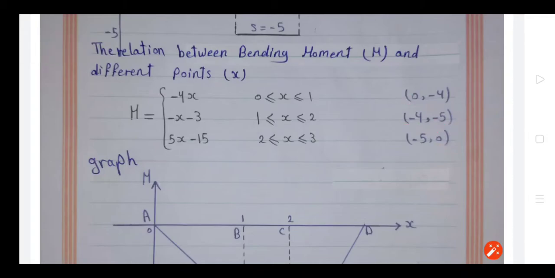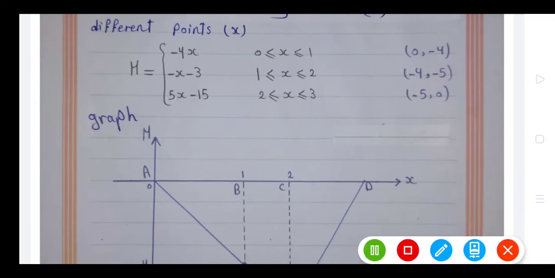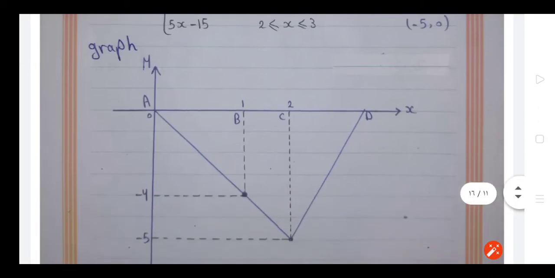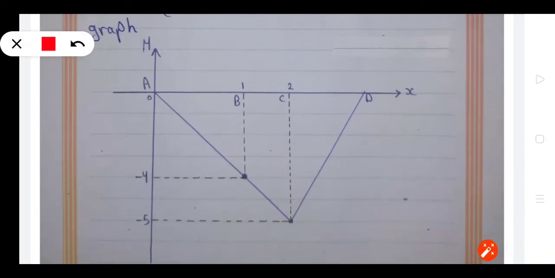Let us graph negative 4x, which represents a linear function, from (0, 0) to (1, negative 4), matching the two points.